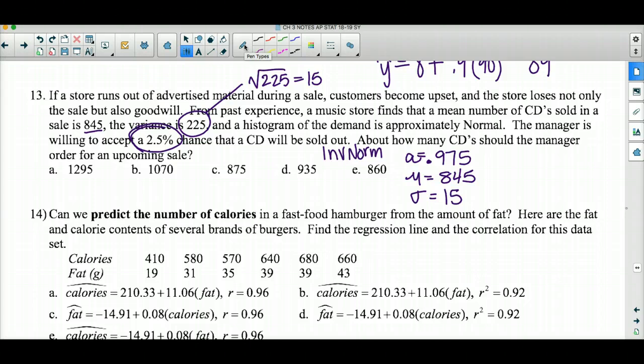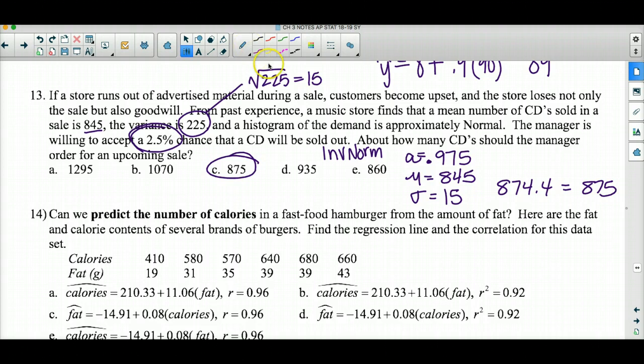So sorry, second vars, inverse norm, 0.975. I'll draw that out and show that to you in a second. My bad. 874.4, which is 875. So that's C.